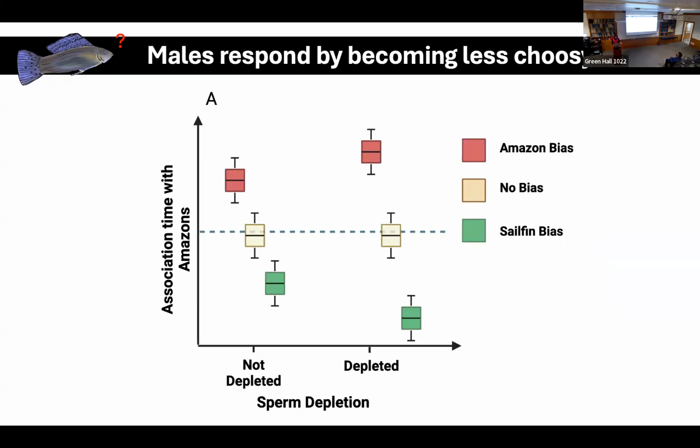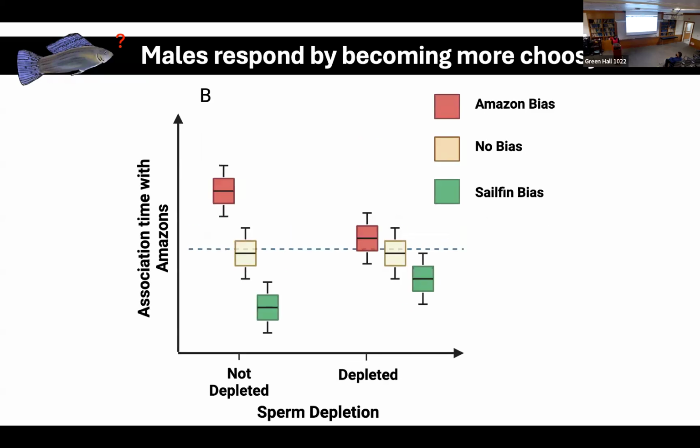So males might respond by becoming less choosy. They have limited gametes, try to mate with any female they can, because false alarm and correct detection are correlated. So they are increasing their chances of mating with the sailfin, even though they're also increasing the chance of mating with an Amazon.